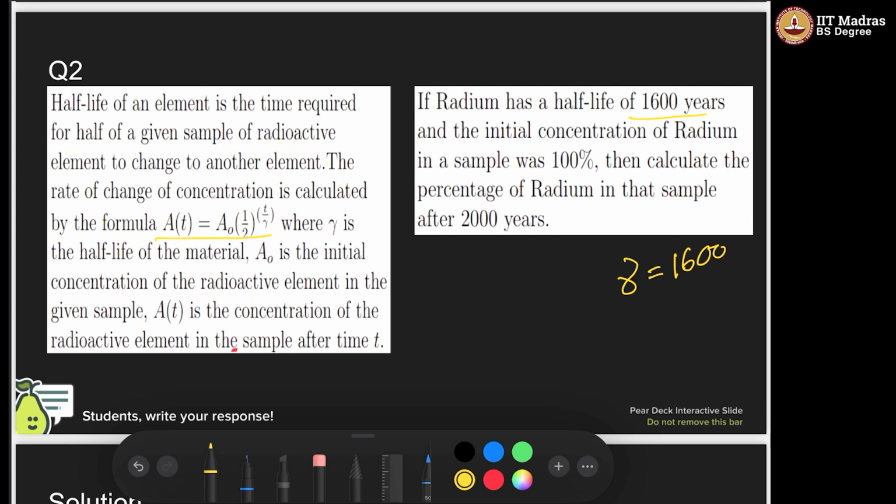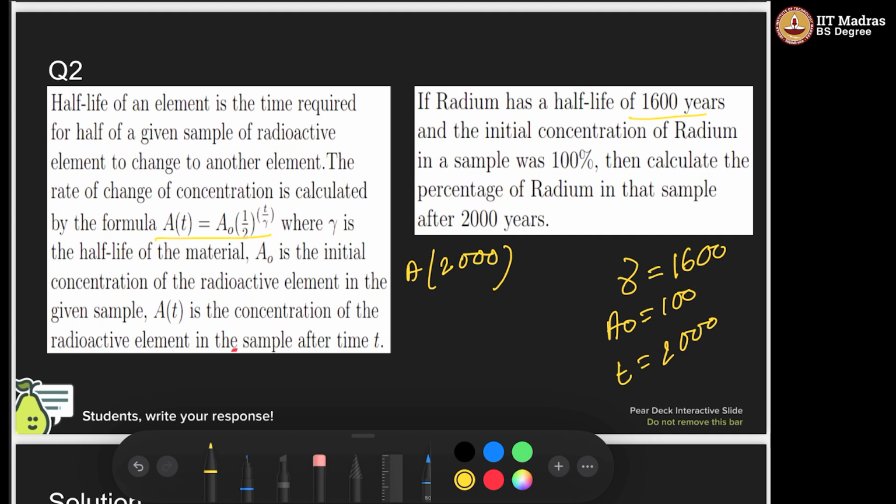The initial concentration of the radium in the sample was 100%, that means A naught is 100 here. Then calculate the percentage of the radium in the sample after 2000 years. So t equals 2000 here.